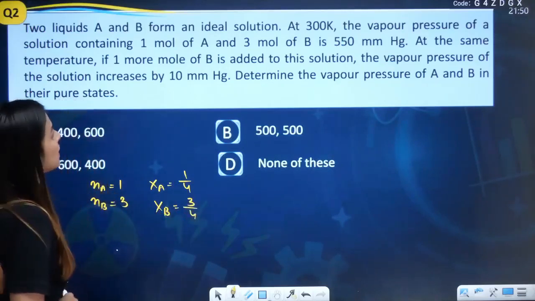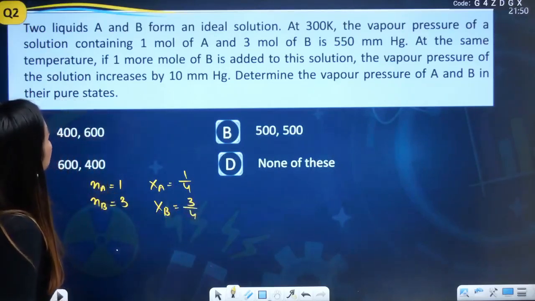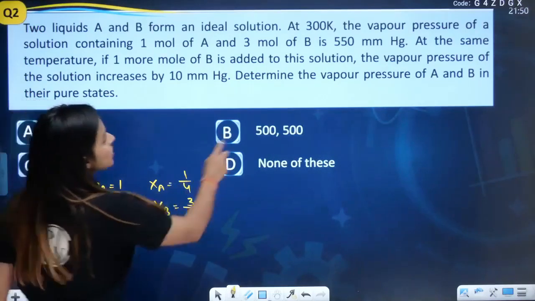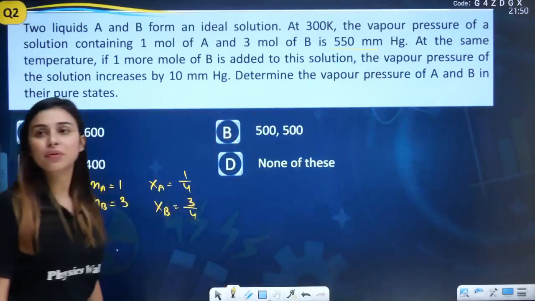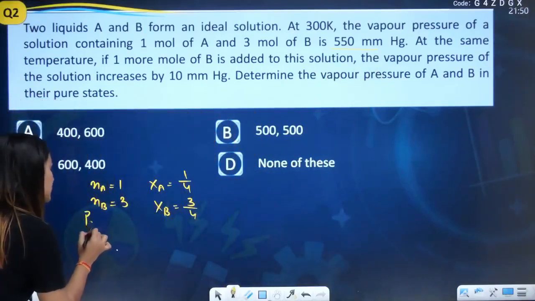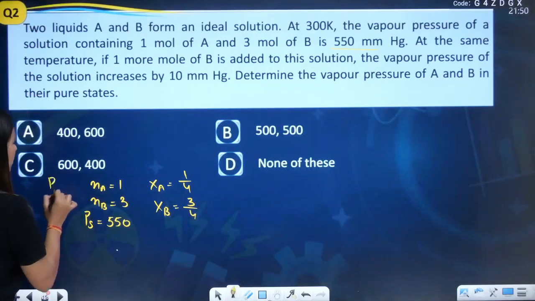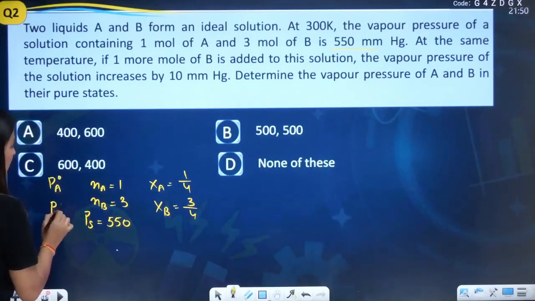Right? Yes. And what are you given? That the vapor pressure of the solution is given as 550. So PS is equal to 550. Let us say the pure vapor pressure of A is PA naught and the pure vapor pressure of B is PB naught.